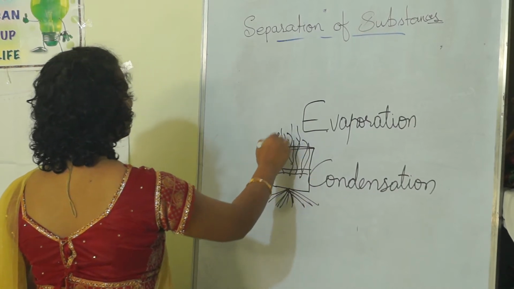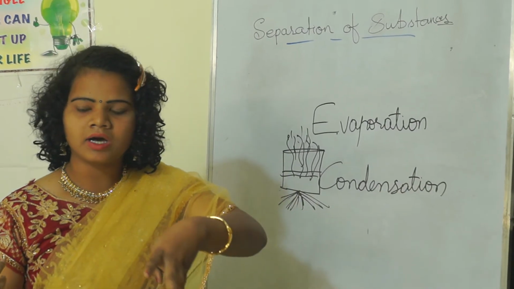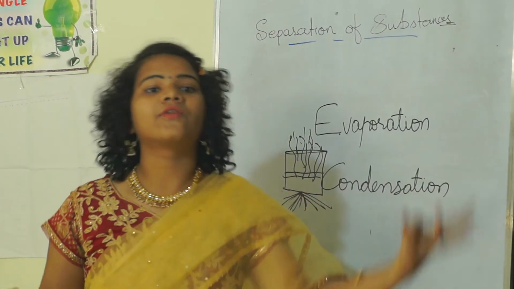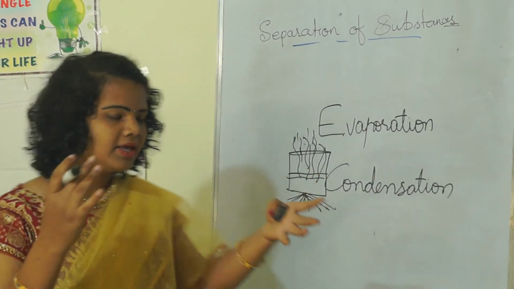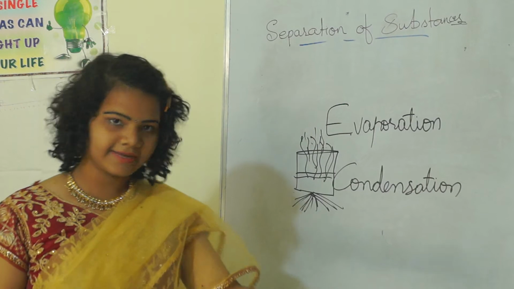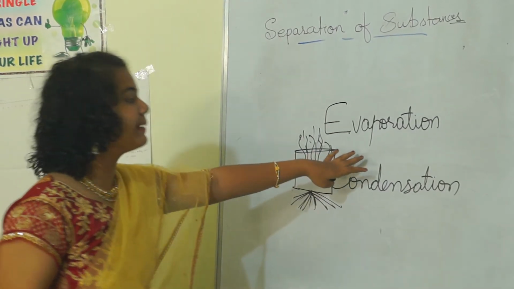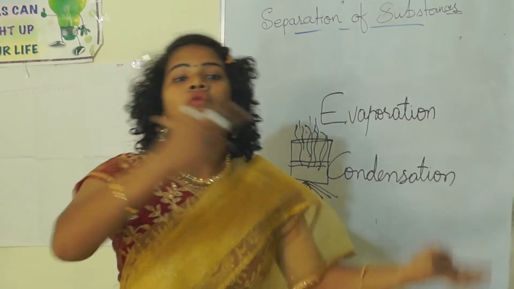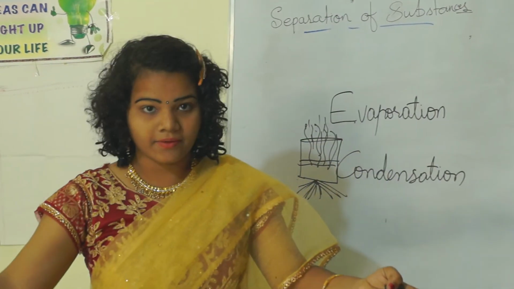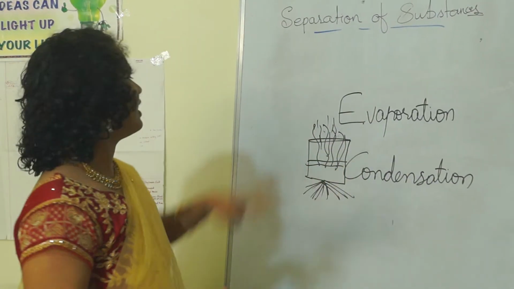The water gets evaporated. The water, which is in the liquid state, converts into the gaseous state. This process is called evaporation. It is nothing but the conversion of liquid state into the gaseous state.